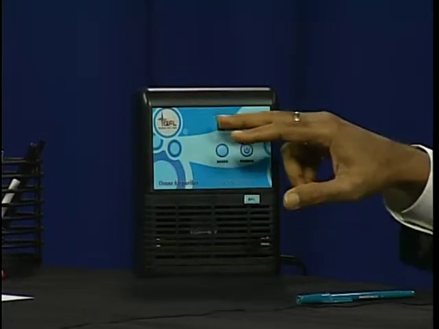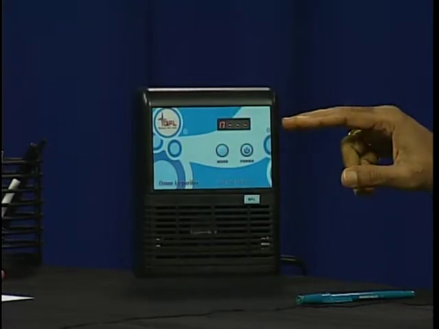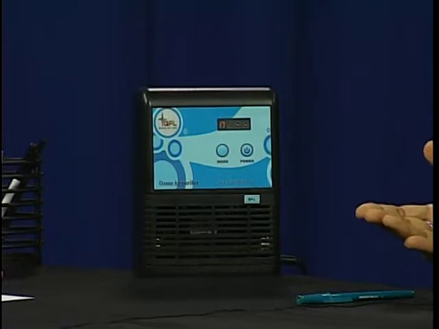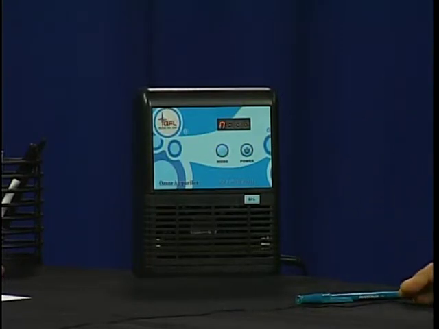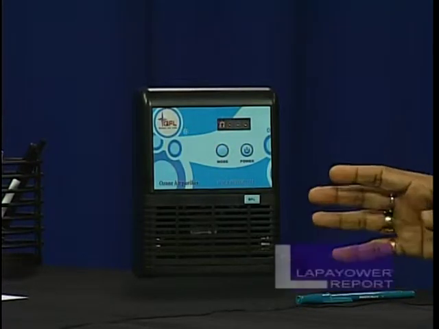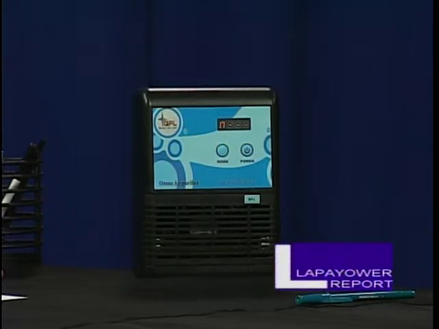It comes with an automatic setting, by the way. You can turn it on and off, or you can set it up to turn on for 15 minutes and then turn off. So there's a timer, and you can control how much ozone you are pumping into the room.